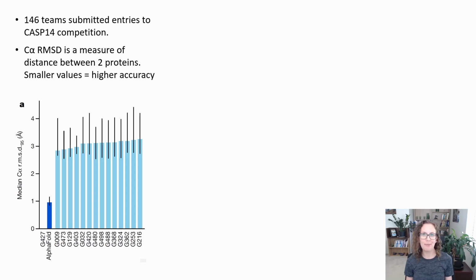A shorter distance means that the prediction was more accurate. And you can see that AlphaFold is significantly better than even the second place team. In total, there were 146 teams in the competition, but this just shows the top 15. And the measure being used here is alpha carbon root mean square deviation. And so that's looking specifically at the distances between the alpha carbons.